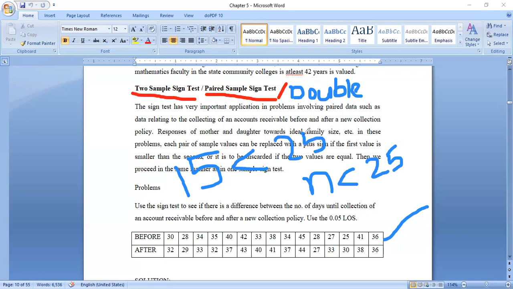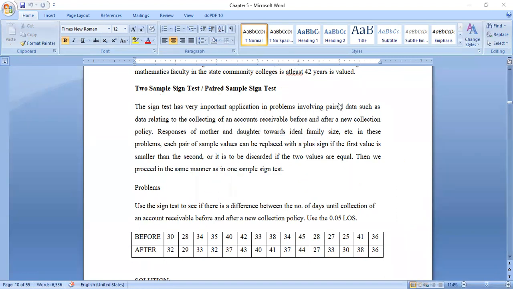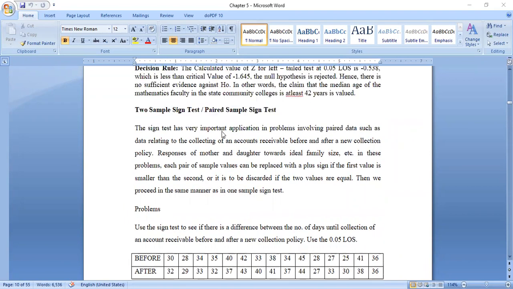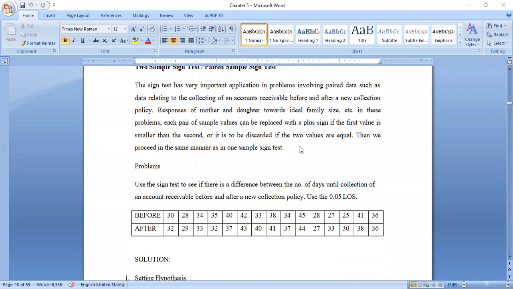So this is a small sample sign test in the two sample sign test method. By observing this problem, we got the clarity that this problem belongs to the two sample sign test, or double sample sign test, or paired sample sign test.